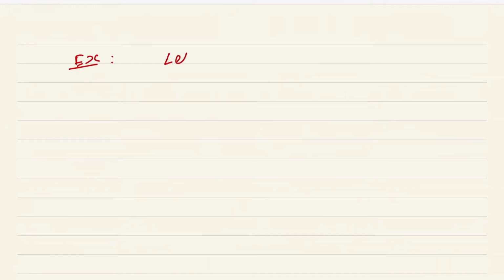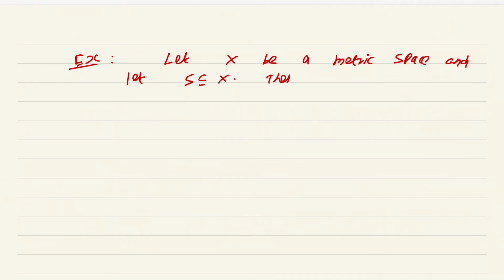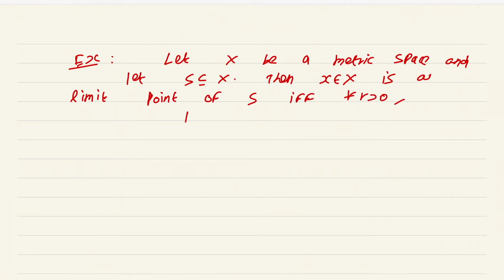Let X be a metric space, and let S be a subset of X. Then a point x in X is a limit point of S if and only if for each r greater than 0, B(x,r) intersect S minus the single element x is never empty.